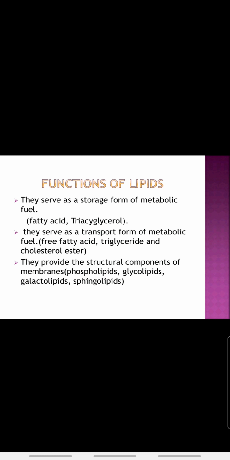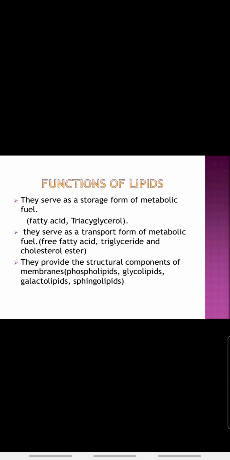The importance or function of lipids is several, and one of them is that they serve as a storage form of metabolic fuel because of two compounds, fatty acid and triglycerol.